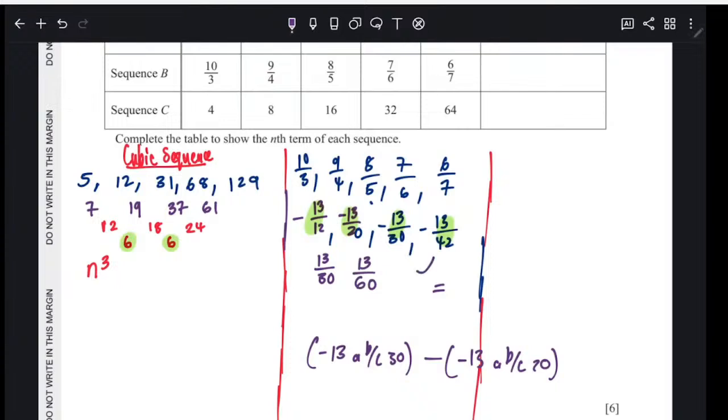Then now do this last one. Open bracket, negative 13/42. Okay? Then you say minus, you open another bracket, you say negative 13/30. What do you get? You do the one in front minus the one behind.